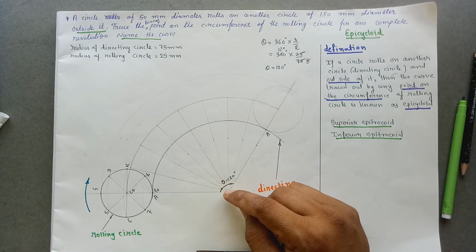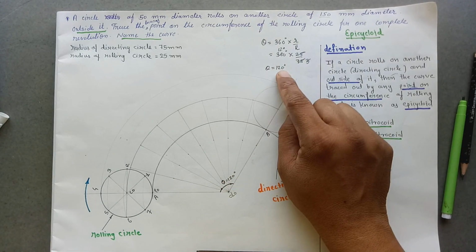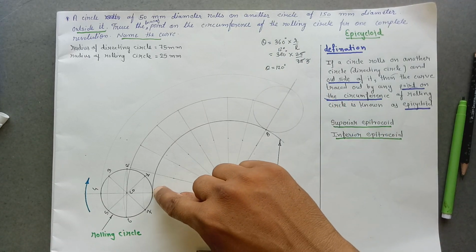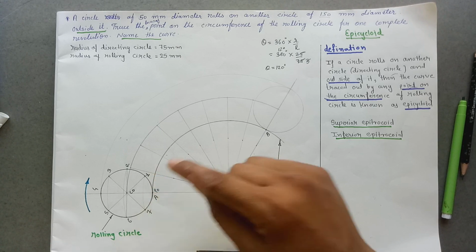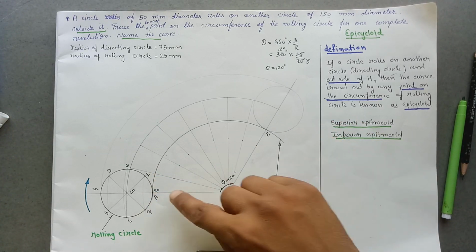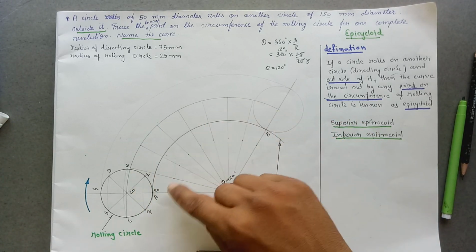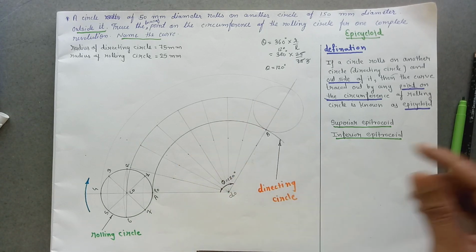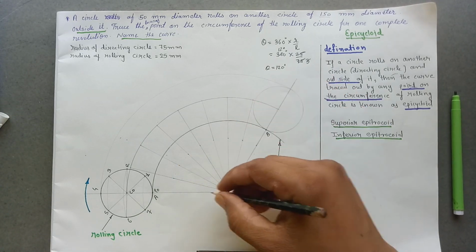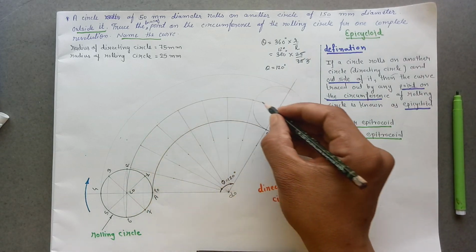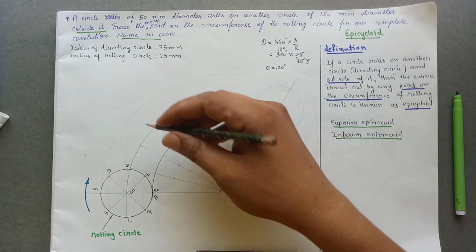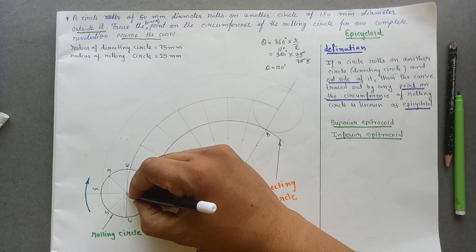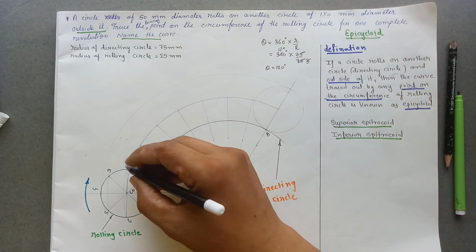So if we divide this angle into 8 equal parts, the angle of one division will be 15 degree. So divide this 120 degree angle into 8 equal parts by taking 15 degree angles, and extend these lines up to the center arc, the arc which we have drawn from the center.